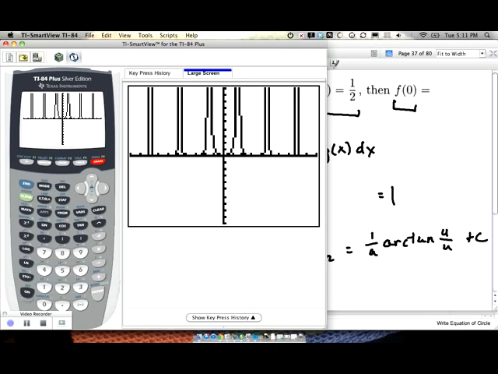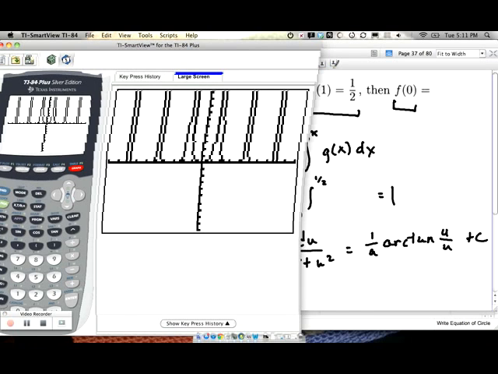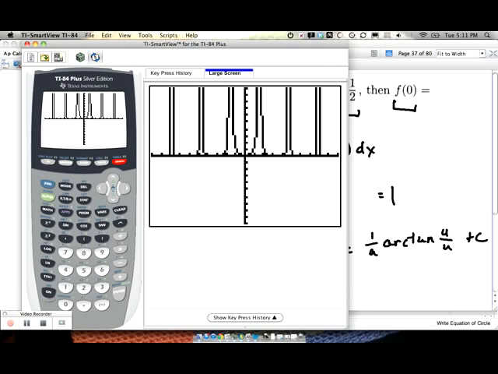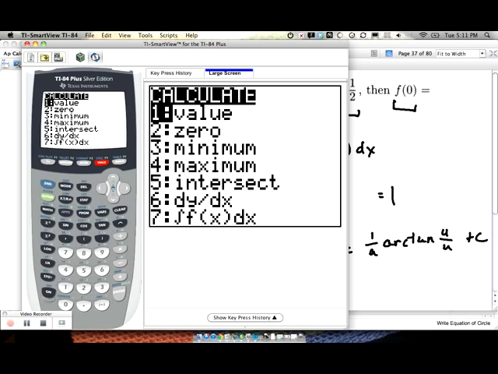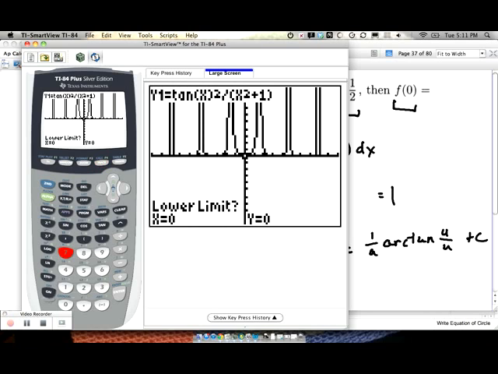So we're trying to find the area under this curve. Let's say that I found the area from 0 to 1. So let's do second, calculate, the integral, which is 7, the integral from 0 to 1.